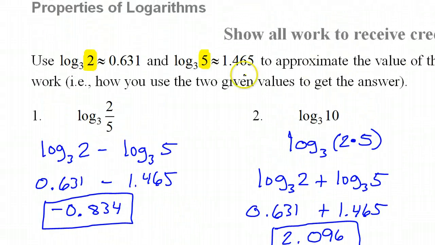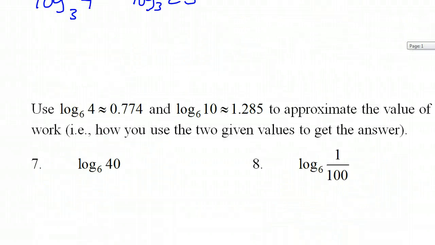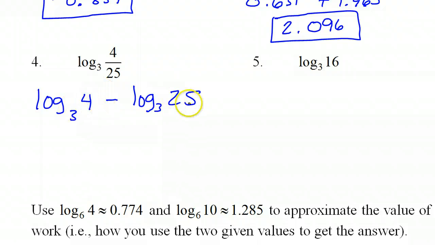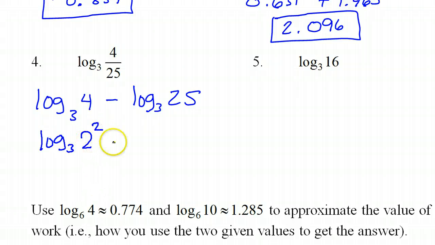Now we need to get down to a 2 and a 5, and right now I have a 4 and a 25. So what am I going to do? You could probably guess it, because this 4 is the same thing as 2 squared. So there's the 2 that I wanted.